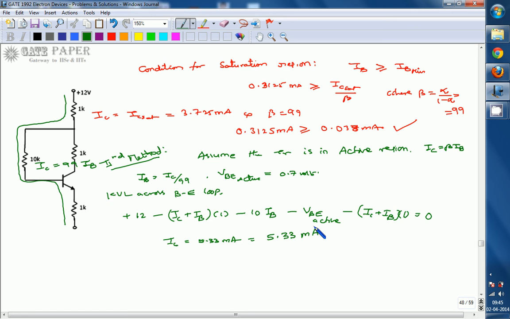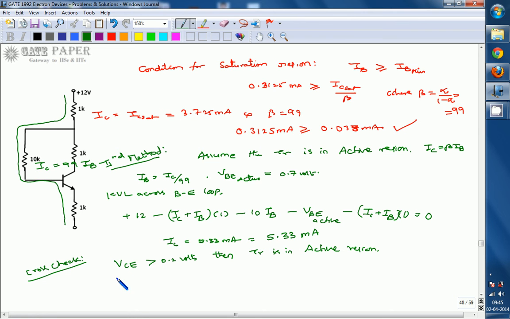So if you substitute this IC value and calculate VCE, this is a cross check whether this IC is right or wrong. For that one we must go for a cross check. What is a cross check? We are going with VCE. If it is greater than 0.2 volts, then the transistor is in active region, that is, our assumption is right.